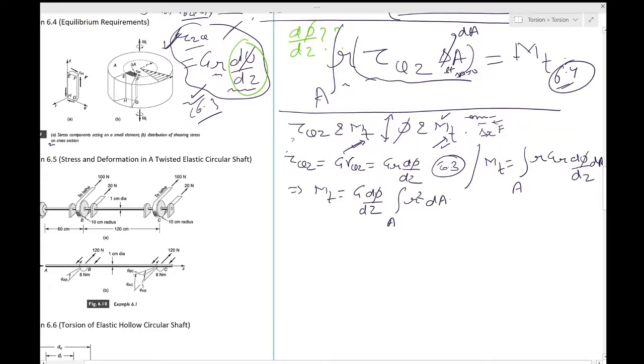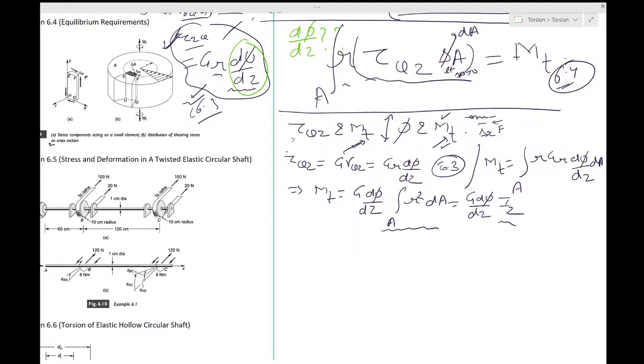This integral of r square dA, you may recall from your mechanics course APL 100, can be written as Iz. This is the polar moment of inertia of the cross-sectional area about the axis of the shaft. You have already known about this term.